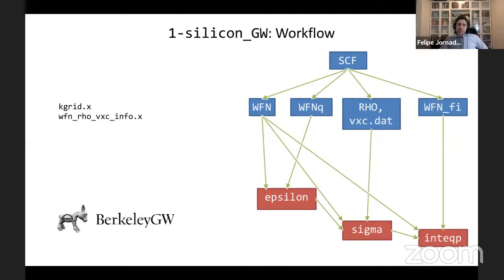So in the example that we have today, you're going to run your first calculation with BerkeleyGW, and you're going to be computing and plotting the quasi-particle band structure of silicon.